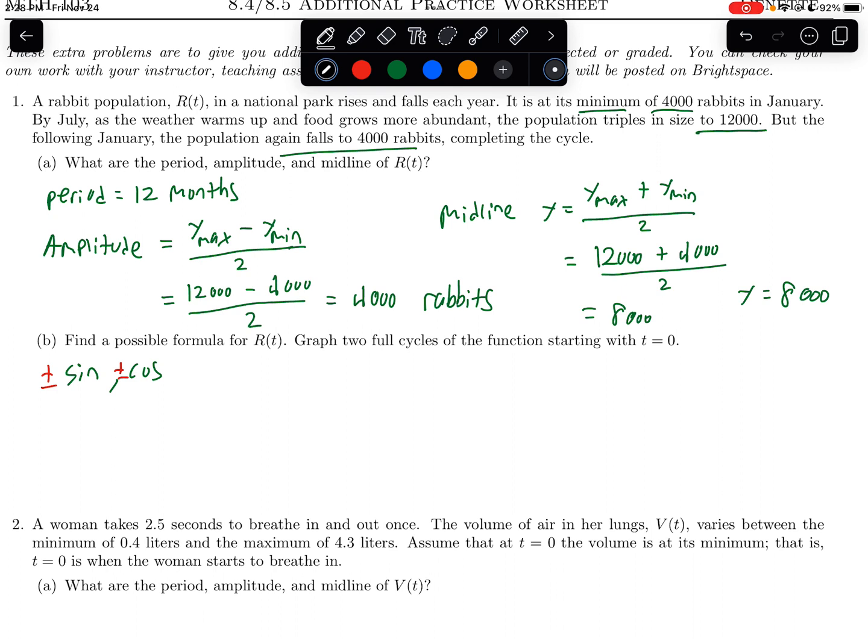It begins in January, and it's a minimum. So the minimum value is hit in January, and that's where we're starting the function from. So its vertical intercept is a minimum, which means that it's a negative cosine function.